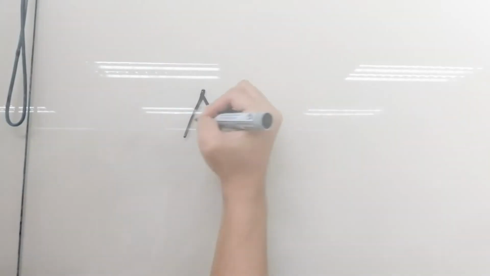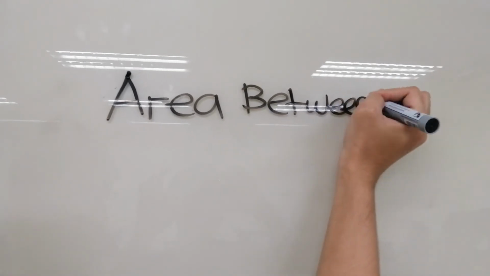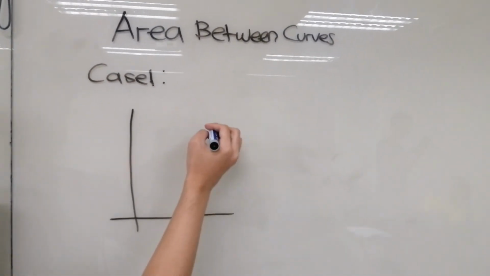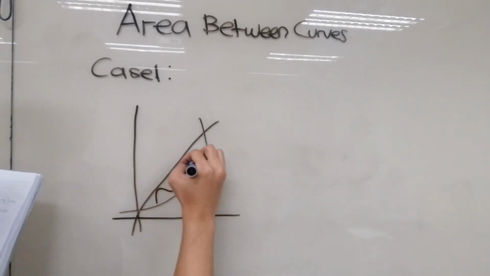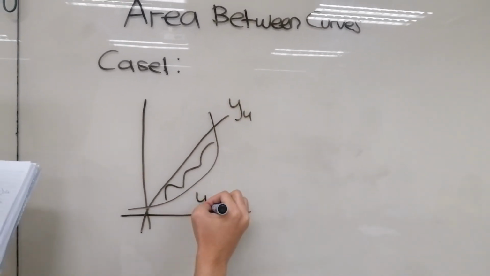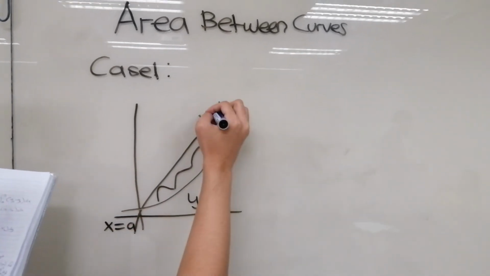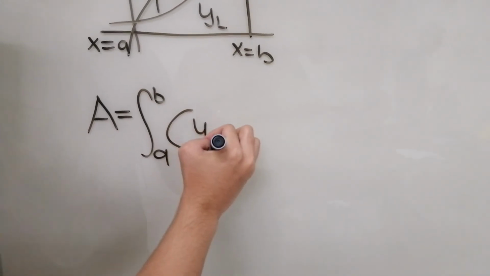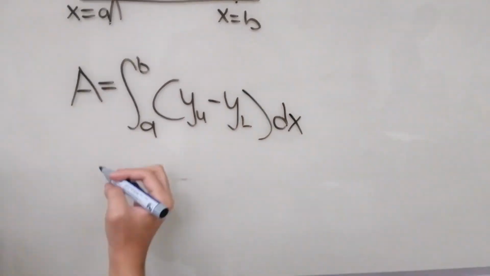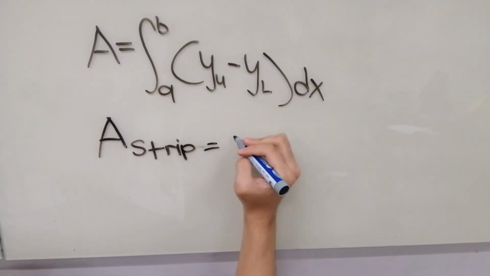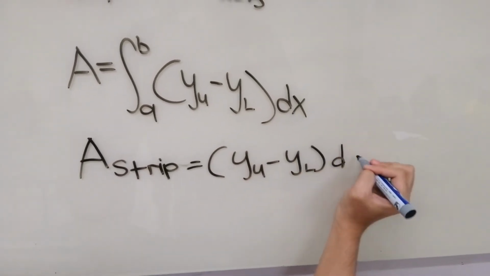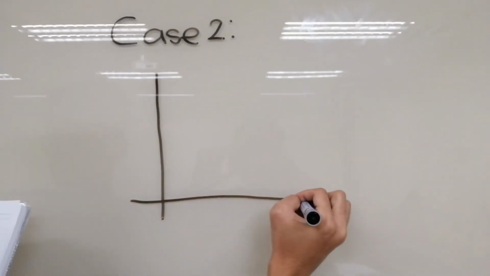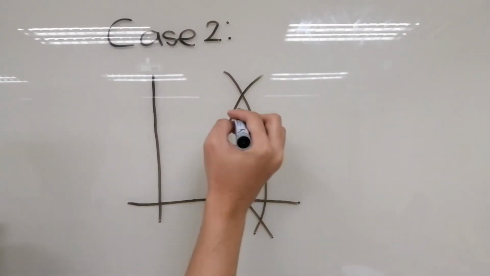So, as you can see in the video, here are the universal formulas for finding the area between two curves. In using the vertical elements, the area is equal to the integral of y sub upper limit minus y sub lower limit times dx, having a limit of a to b, where y upper limit and y lower limit are functions of x.